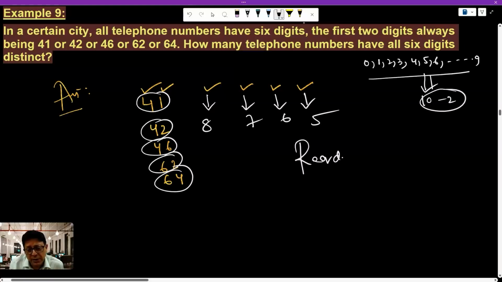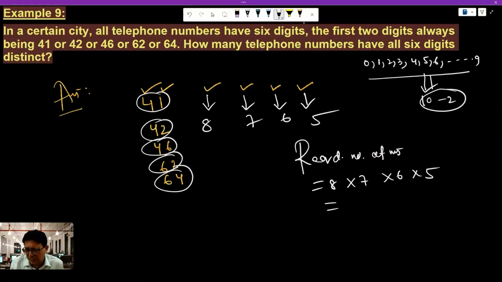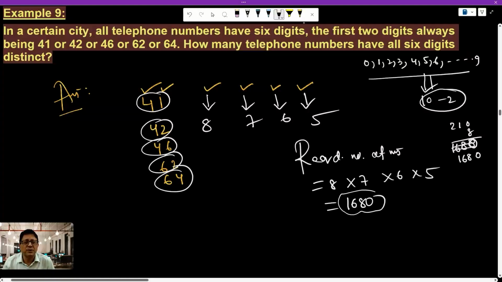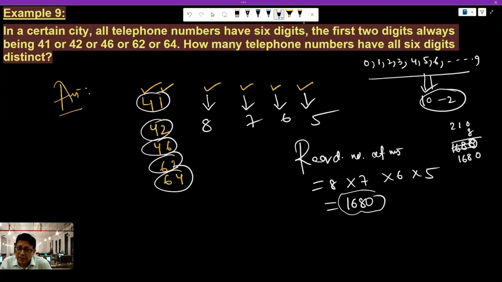So the required number of ways, clear? Hope you have understood. So this is 30, 210 and then 8, so this is going to be 1680. 1680 types of telephone numbers will exist, with all 6 digits different, distinct.